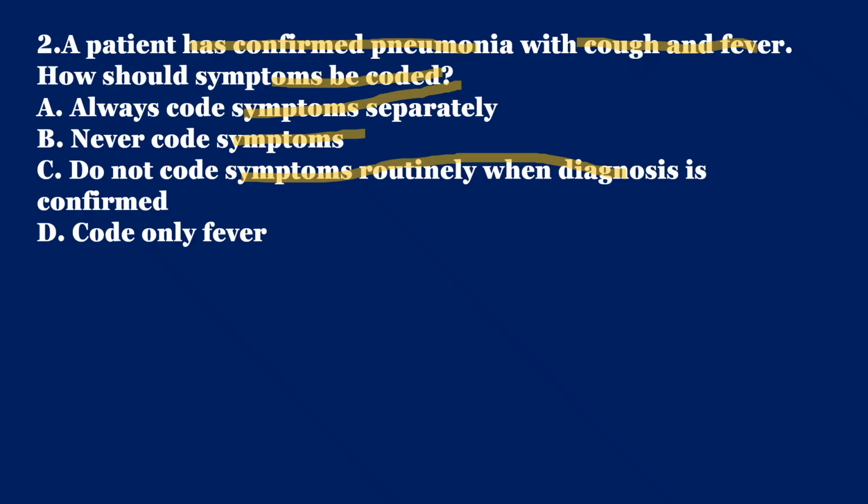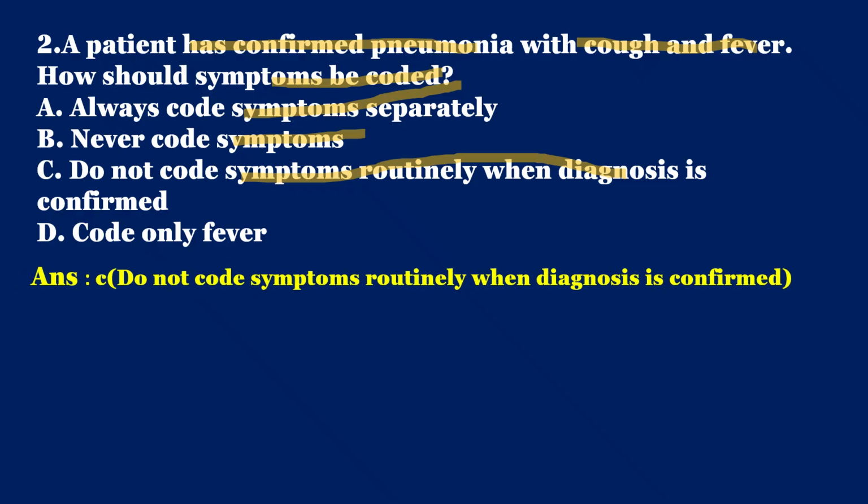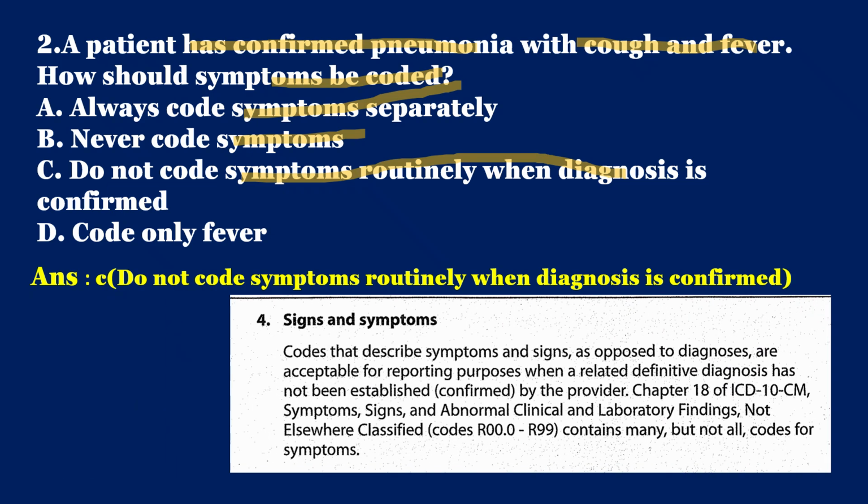The answer will be option C. Do not code symptoms routinely when the diagnosis is confirmed. So guys, according to the ICD conventions, codes for described symptoms and signs, as opposed to diagnoses, are acceptable for reporting purposes when a definitive diagnosis has not been established or confirmed by the provider.